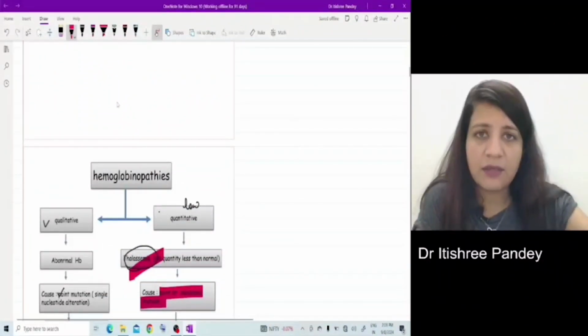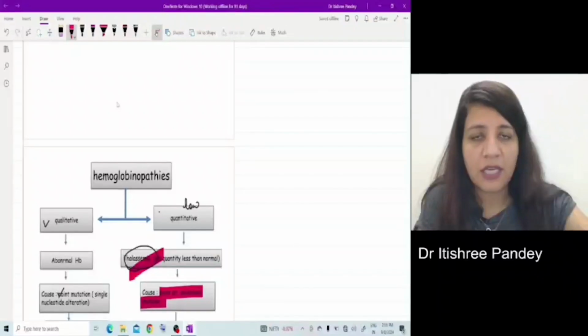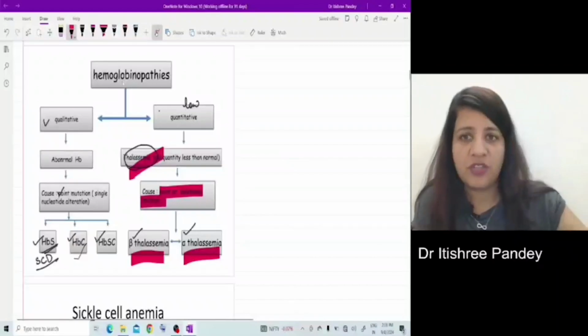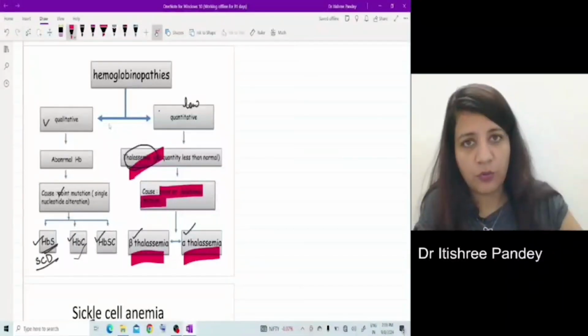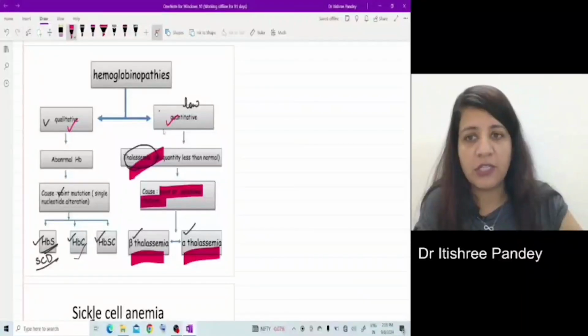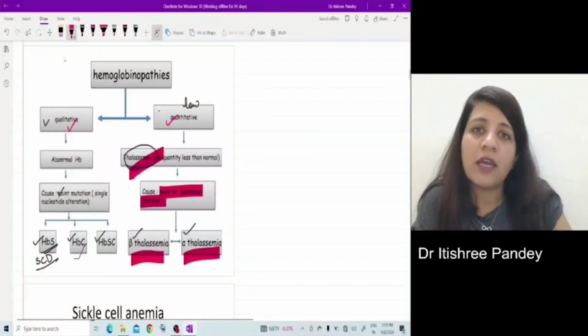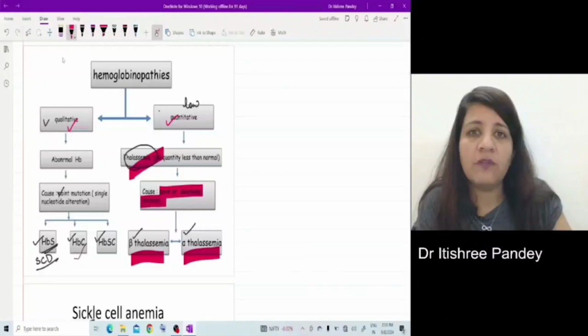Now as I said earlier, sickle cell anemia is a type of hemoglobinopathy. So let us see what hemoglobinopathy is. As the name suggests, there is an abnormality in the hemoglobin. This could be either qualitative or quantitative. We call it qualitative when the quality of the hemoglobin produced is abnormal.